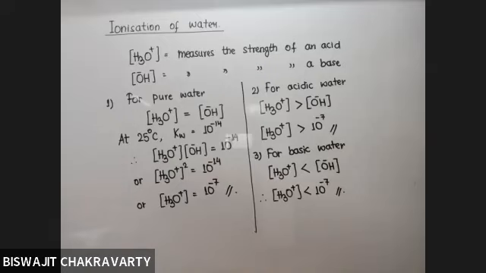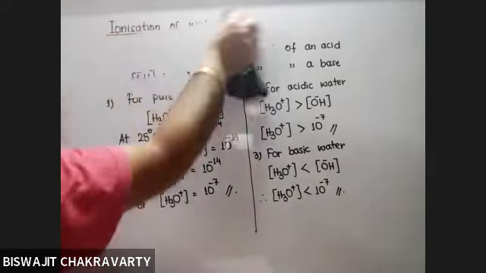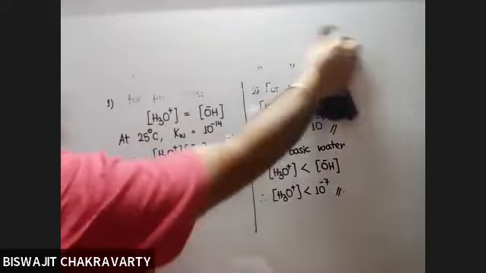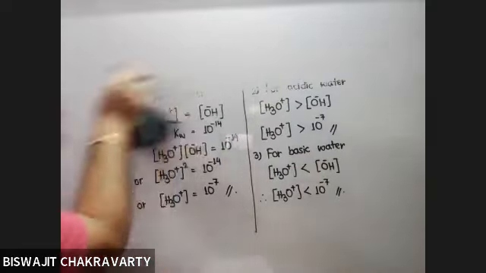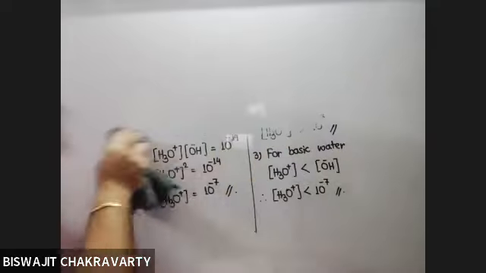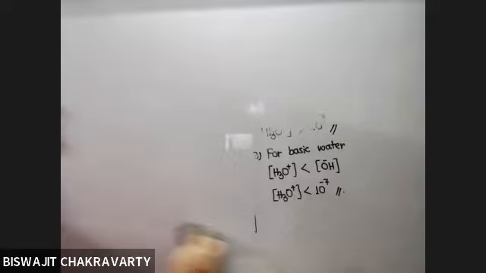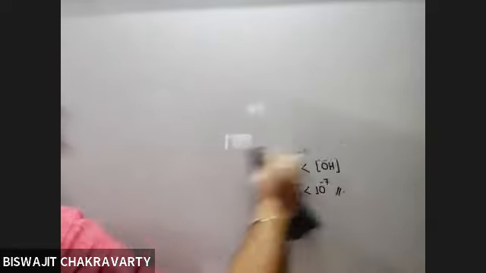Is it fine? Okay. So water has an amphoteric character. It means that it has both acidic character, which is measured in terms of H3O plus, as well as basic character, which is measured in terms of OH minus.